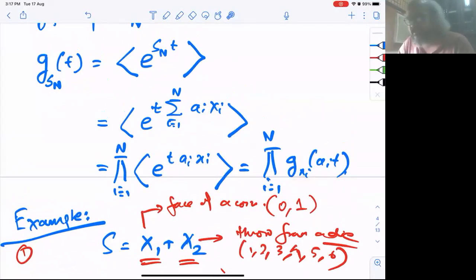So for example, if I'm drawing from the same function, this would have just been g_x.